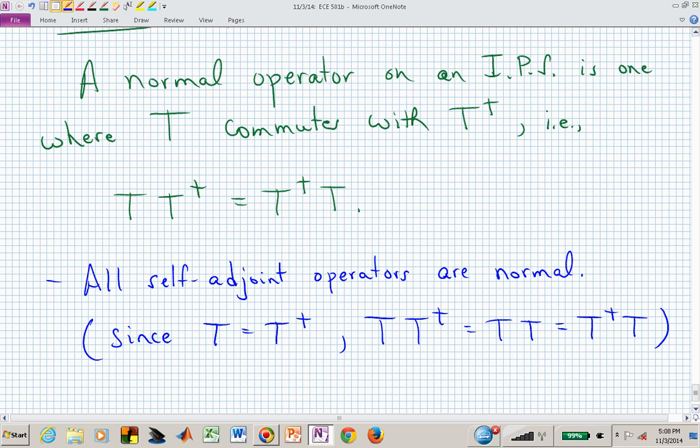That's true. So that now T dagger T is equal to T T dagger. That's implied when you have a self-adjoint operator.